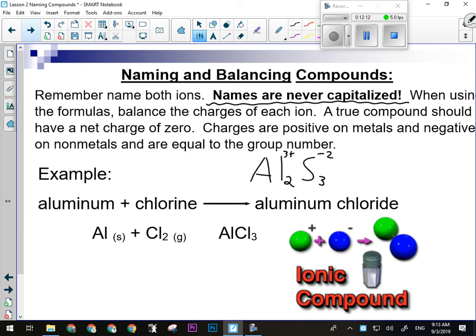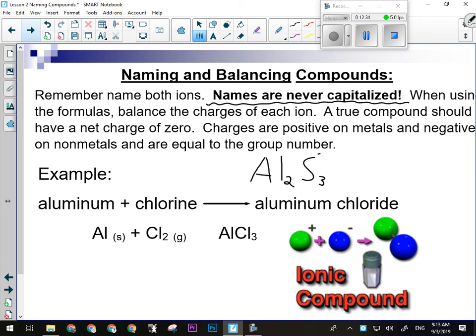I have 3 sulfur, each one is a 2-. So there's a total of 6 negative charges. Every aluminum atom has a charge of +3, and I have 2 of them. 3 times 2 is 6. So it balances out. So the whole purpose of the drop and swap is to not have to do that math. Not that it's hard math, but we can avoid it by just dropping and swapping, and it'll always work out.